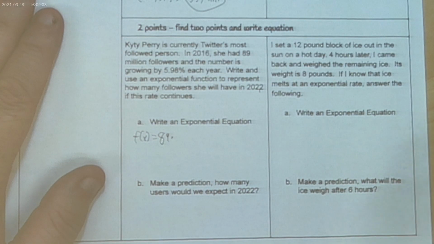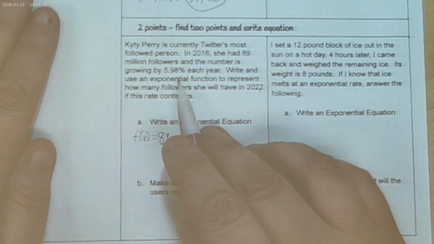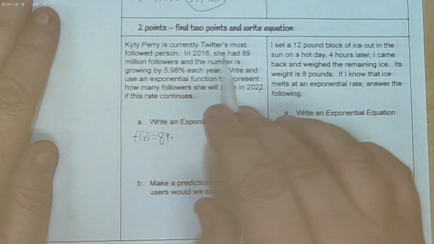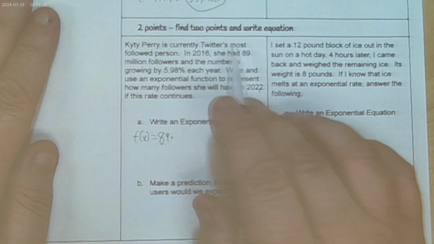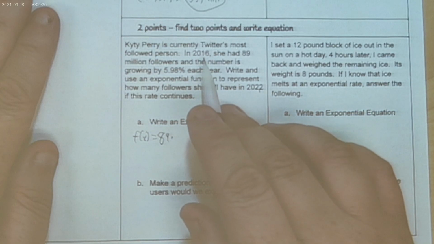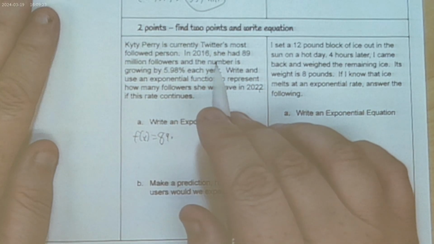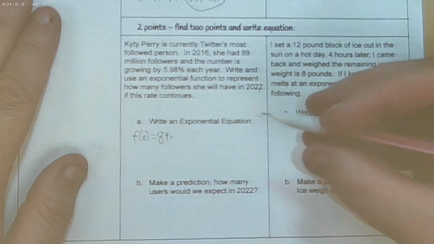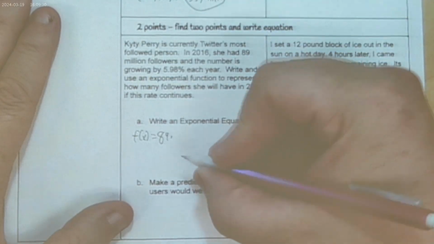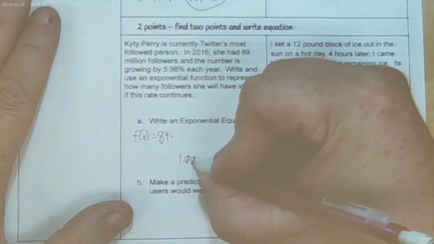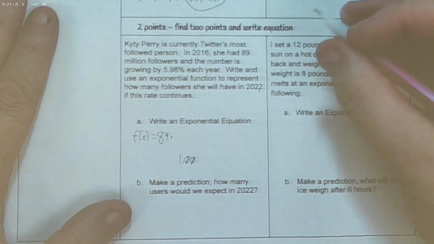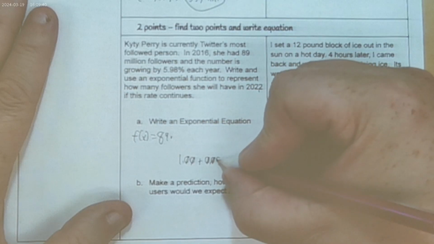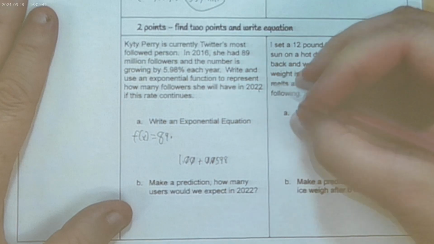The number is growing by 5.98% each year. So in 2016, she had 89 million. That's our initial value. 2016 equals year 0. The number is growing 5.98% each year. So we've got 1.00, that's our break-even, but we're getting plus 0.0598 every year.